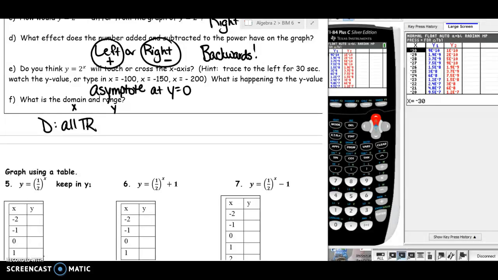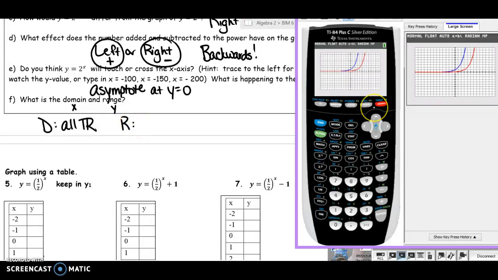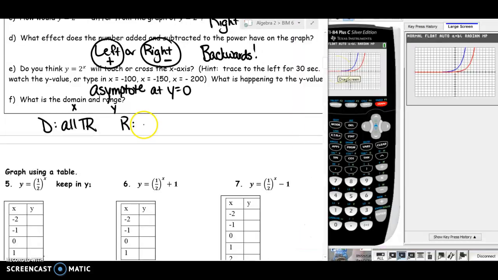Every single graph that you're going to see today has a domain of all real numbers. The range is tied to the asymptote. If we look at the graph of these functions, all of the y values are going to be bigger than 0, so the range is y is greater than 0.